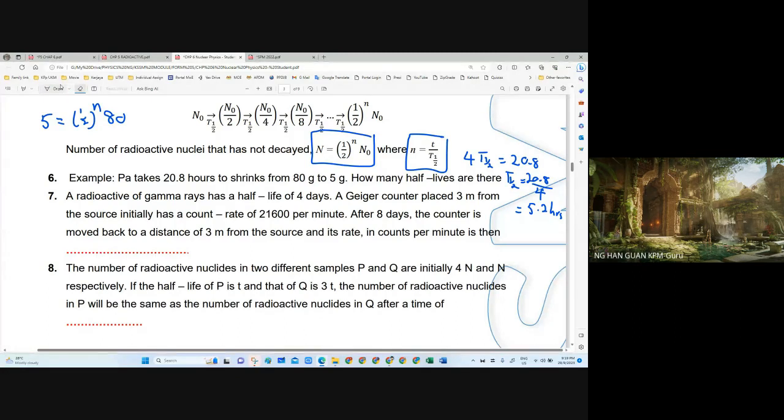For those not sure how to calculate, it means you have (1/2) to the power n equal to 5 divided by 80. So it's 1 over what? 1 over 16. Use a calculator, 5 divided by 80, equal to 0.0625.